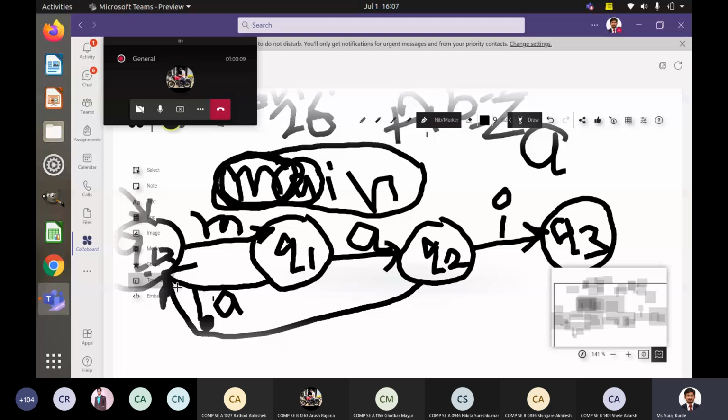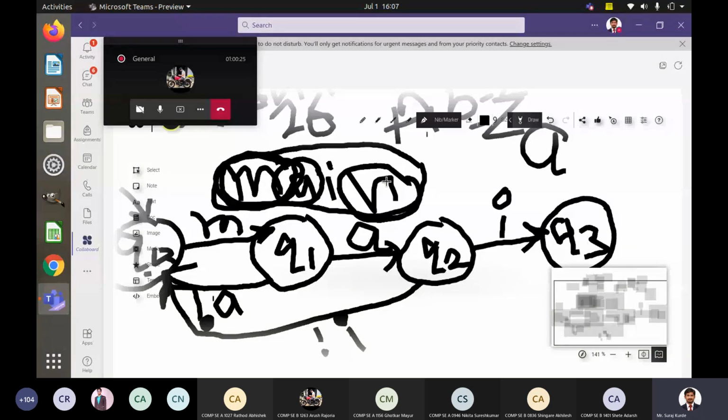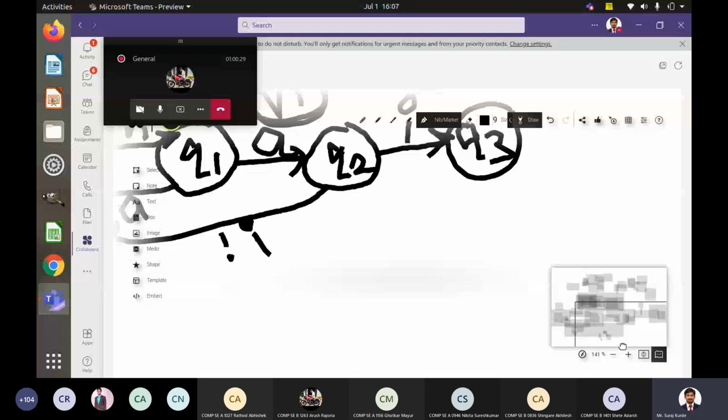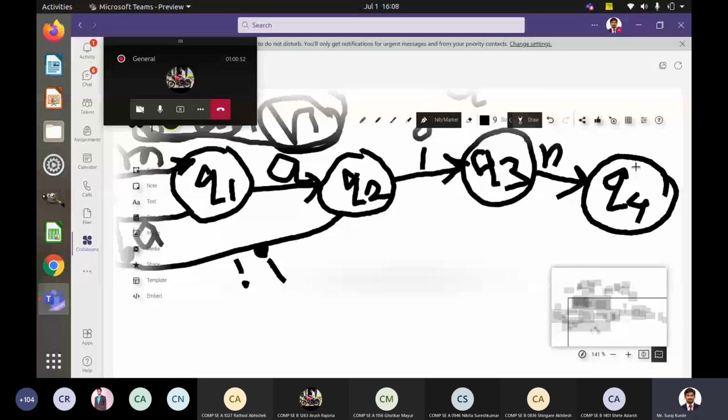Same way, after I, what we have to read is n. If n is the input, then it goes to next state. Let's say it is Q4. Now after here we are not going to read any alphabet.